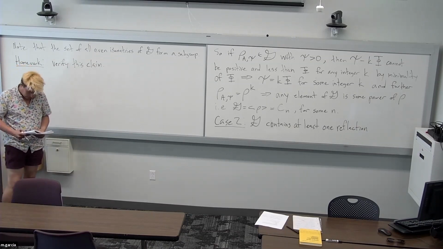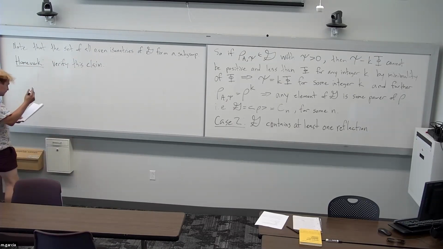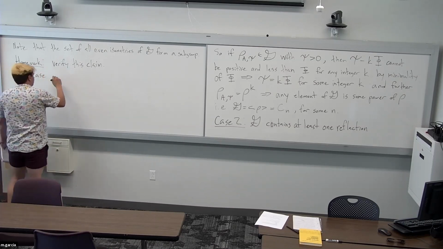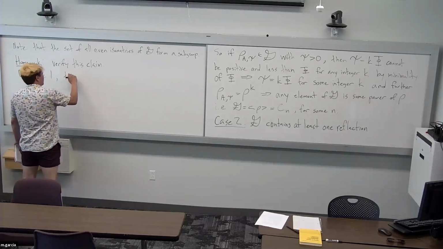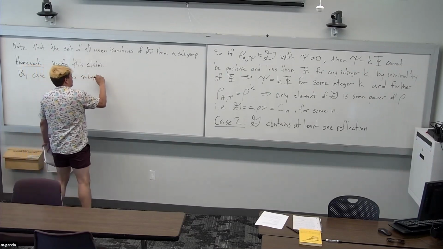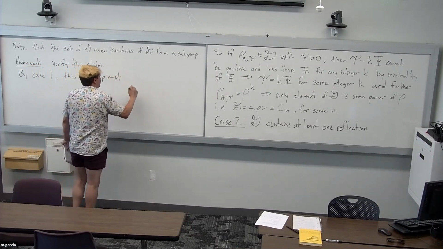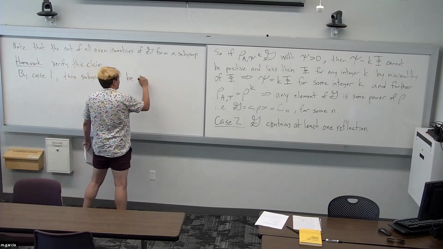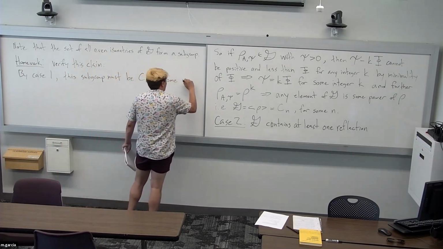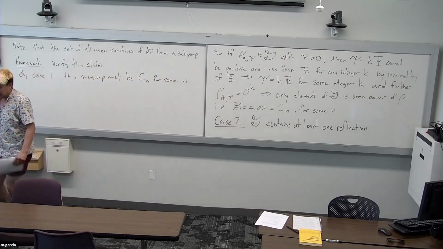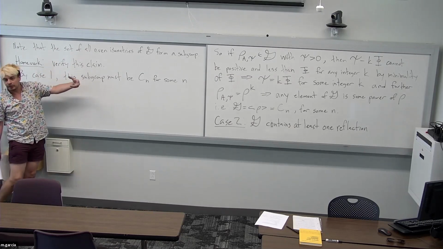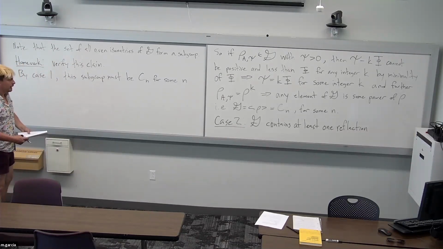Okay, so then by case 1, this subgroup must be Cn for some n. And why is that? Well, Zach just said it. That means that this subgroup of G is a finite group that contains only rotations, right?